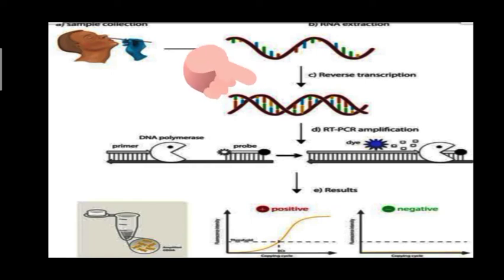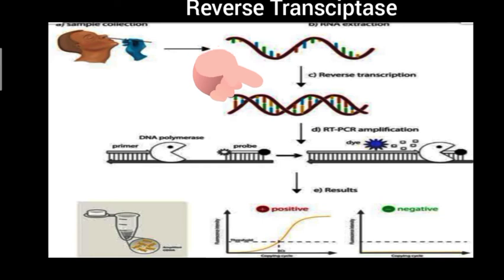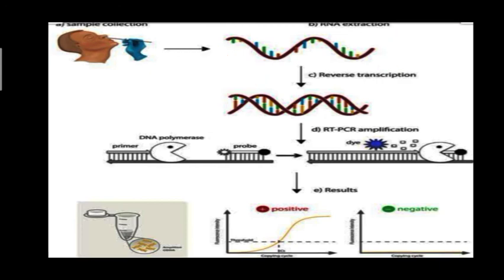The viral RNA is converted into DNA using an enzyme, which I told you about previously. The name of the enzyme is reverse transcriptase, which carries out the process of reverse transcription. Then the PCR amplification goes on.